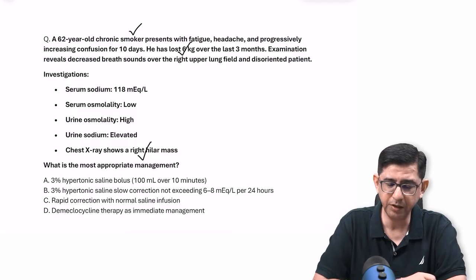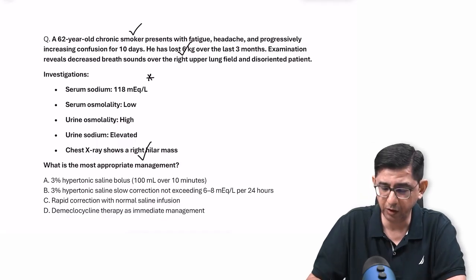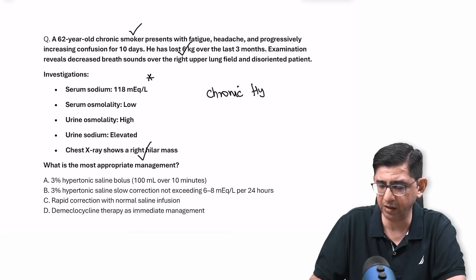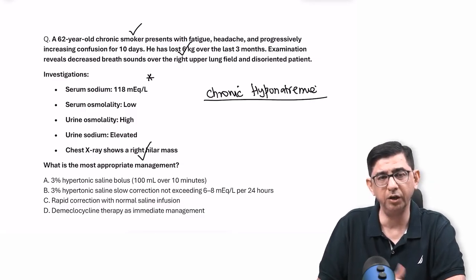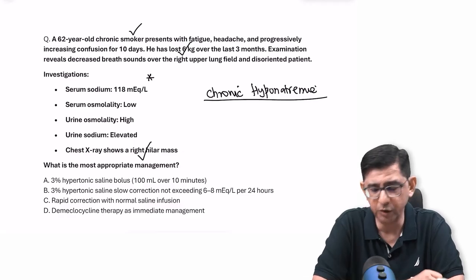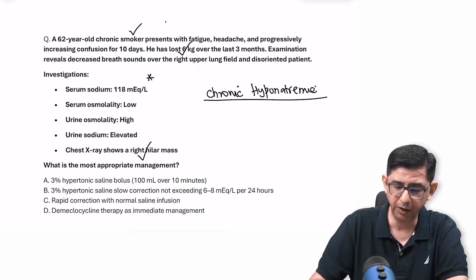And then he says that sodium is very low. That's why he became disoriented. So this question is on the topic of SIADH, which is seen with lung cancer, and he's talking about chronic hyponatremia. If he himself says the word lung cancer, cool. But otherwise you have to link up the data: smoker, weight loss, and a hilar mass.